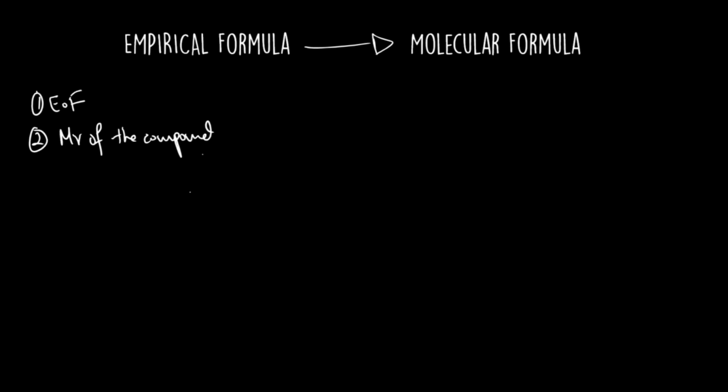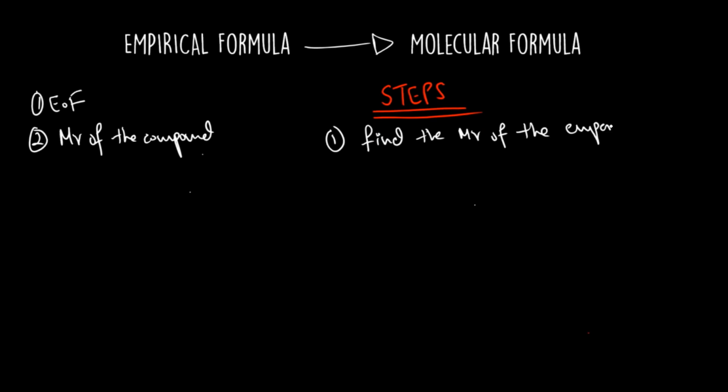Now, let's look at the steps. I like writing down the steps because I believe it makes things easier for the students. So the first thing is, after you have noted the empirical formula and the molecular mass of a compound, find the MR of the empirical formula of the compound.